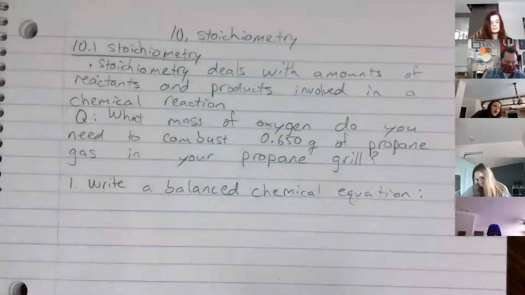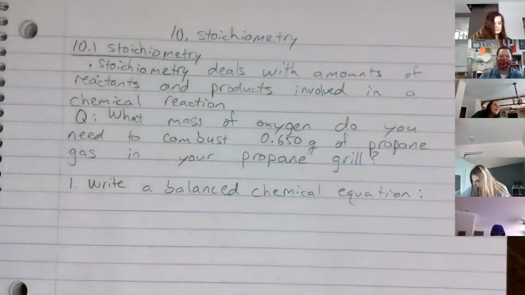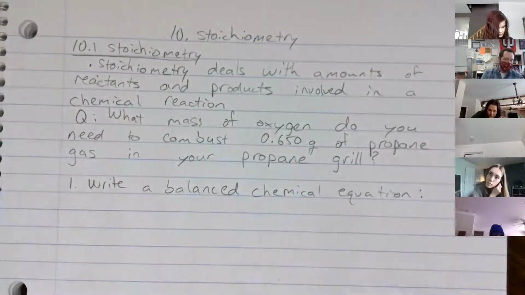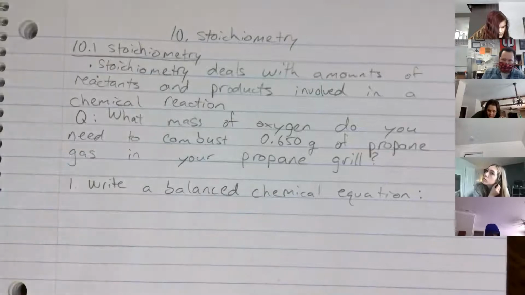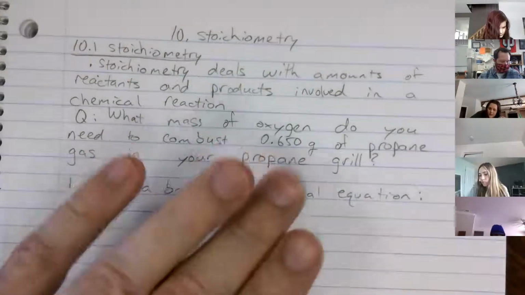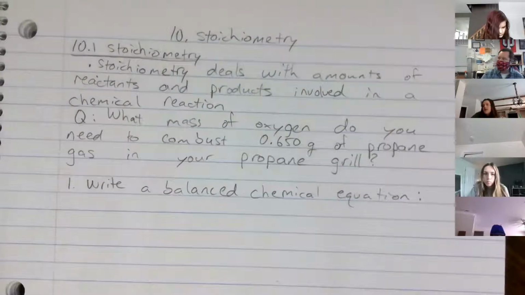Sometimes your homework is going to tell you step one, balanced chemical equation, or show a balanced chemical equation. Other times it doesn't. It just asks the question. Either way, you're going to need to start with a balanced chemical equation. You cannot do stoichiometry without a balanced chemical equation. You have to have a balanced chemical equation. So let's get one for our reaction.